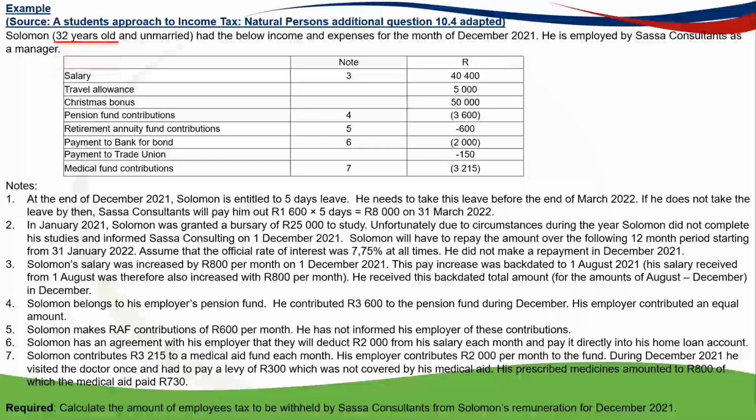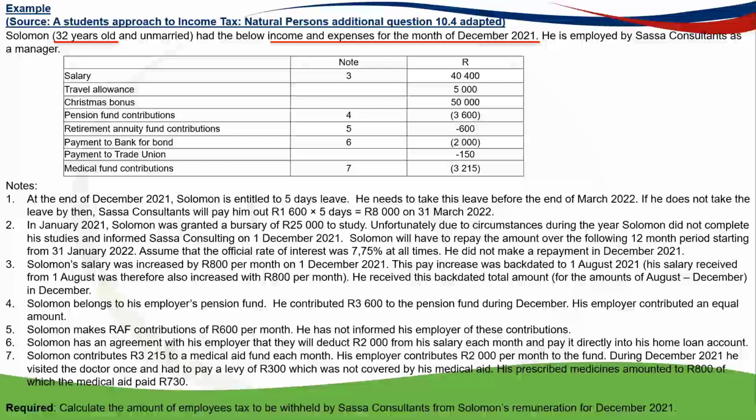The taxpayer is younger than 65. This means that if we are to take into account medical credits, we will only look at 6A medical credits and not 6B credits. The income and expenses provided were not annual equivalent amounts, and therefore we would need to calculate the annual equivalent of the balance of the remuneration.